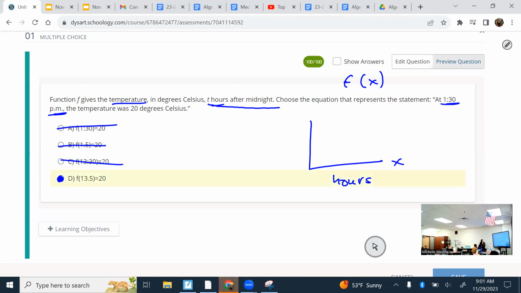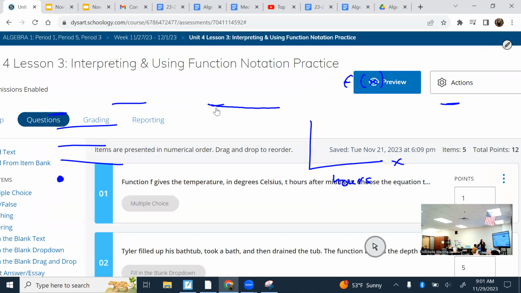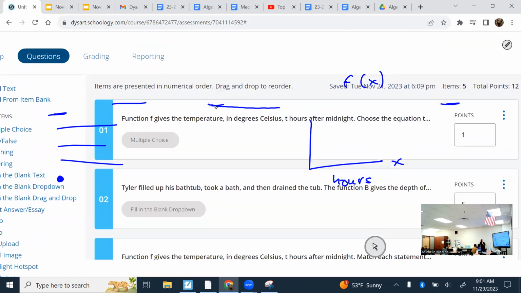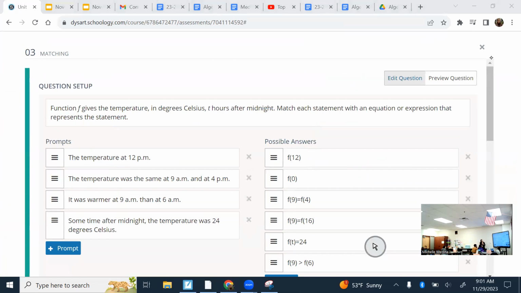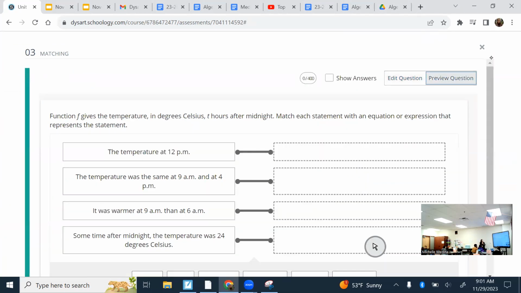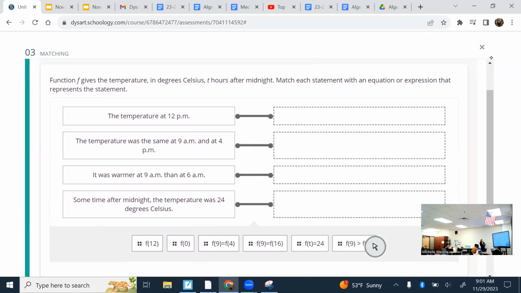Number 3. On this one, we have the same situation, but we're matching each statement with an equation or expression that represents the statement.